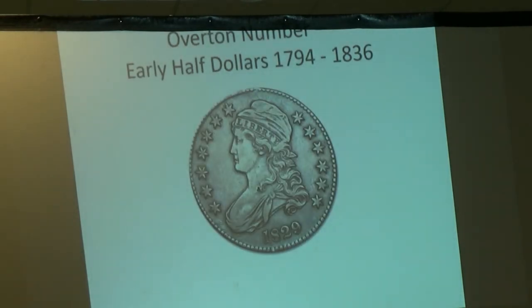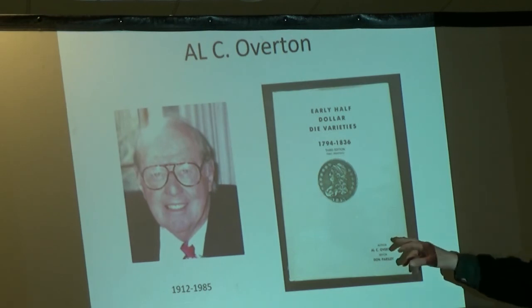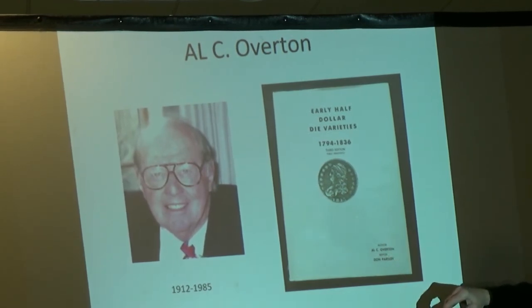Overton, again, we were talking about someone who specialized in early half dollars, 1794 to 1836. He made several different books. He passed away in '85. I believe they're up to a third or fourth edition.